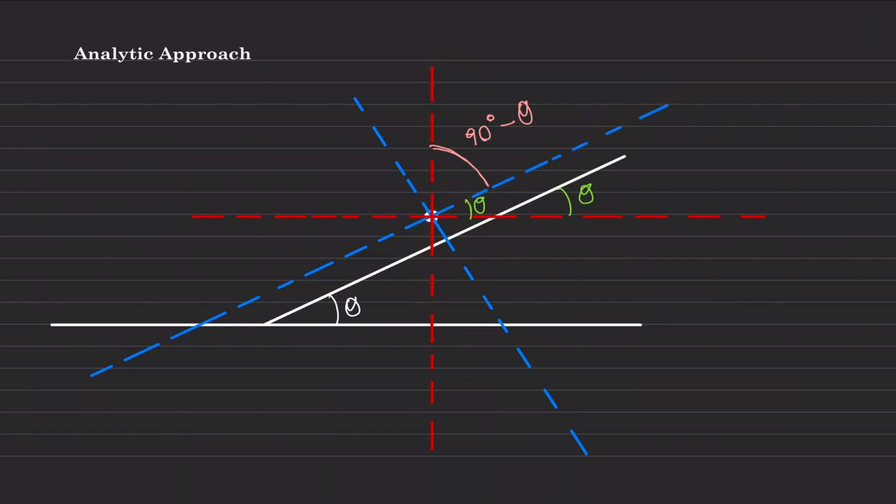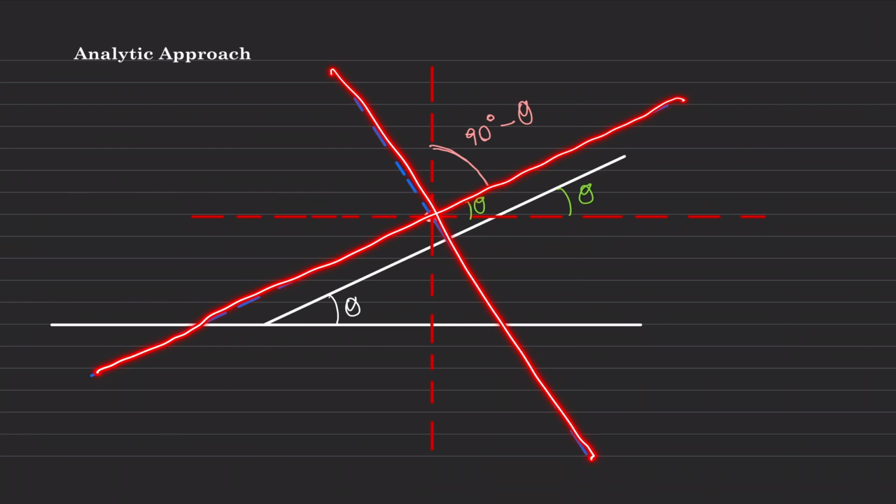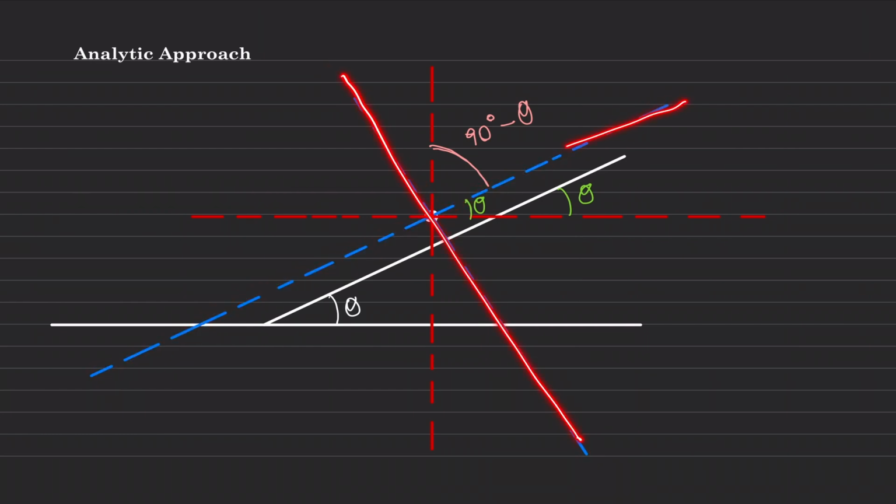But we have to reinvoke the same fact again about the blue line and that blue line. So this blue line served as our y-coordinate in the tilted frame of reference, and this one served as our x-coordinate in the tilted frame of reference. So what is the angle between this blue line and this blue line?